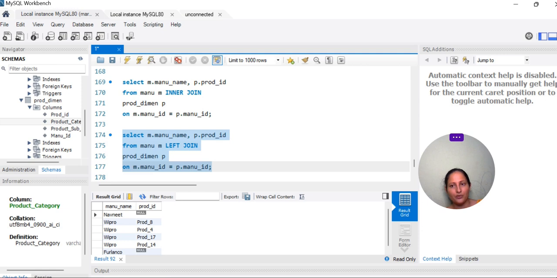Take 2, 3 or 4 tables and practice left join. I am saying again and again that the ON keyword, select, from, where, group by, order by, everything will behave in a similar manner. You have done a lot with those keywords, filters and attributes, so please go for practice. This is all about left join from my side in MySQL.